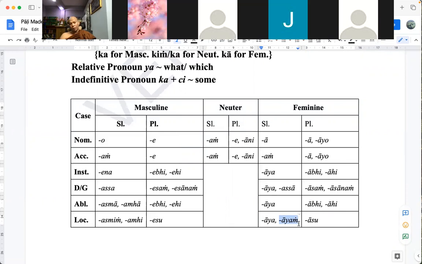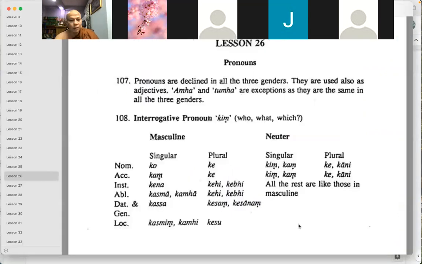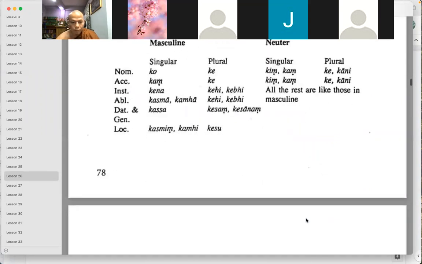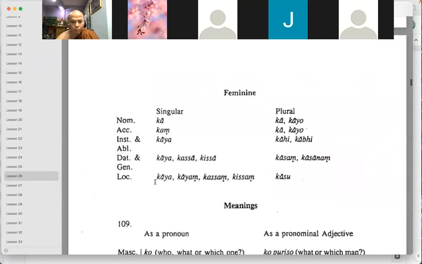But for the ka: kaya, kaya, maybe kasan, kisan also. So the same way: kaya, kasa, kisa, daya, dasa, desa. Kaya, kayan, kasan.